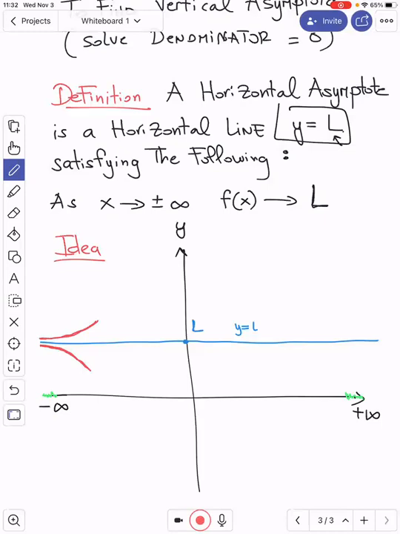Your graph is going to be below the horizontal asymptote, or of course above it. Very close to the horizontal asymptote, but of course there will be no intersection.